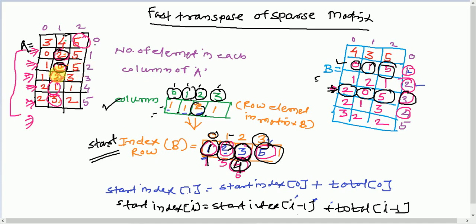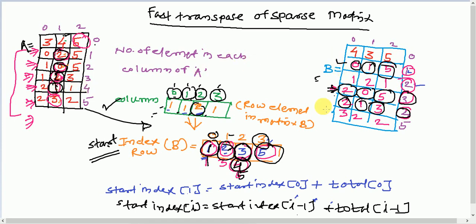Then we visited the next column number in matrix A, the value is 2. We find out the start index for 2, which is now 4. So at the fourth cell, we inserted those values by interchanging row and column along with 3. Then we incremented the next index for the second column. After this, we visited the next cell in matrix A with column number 1.